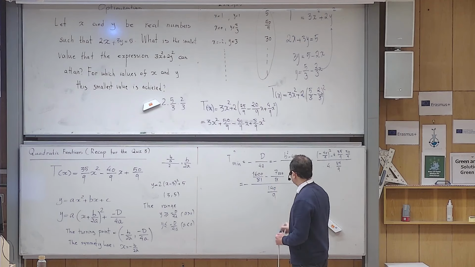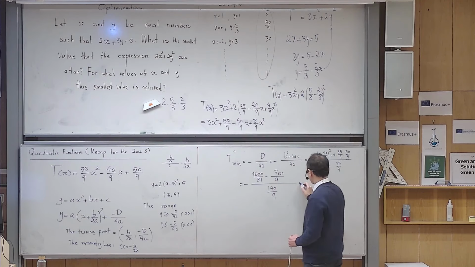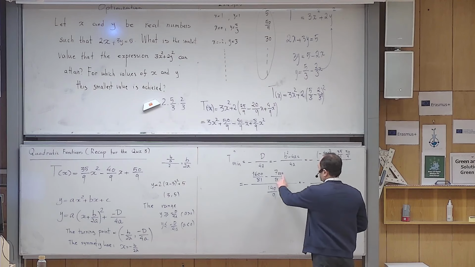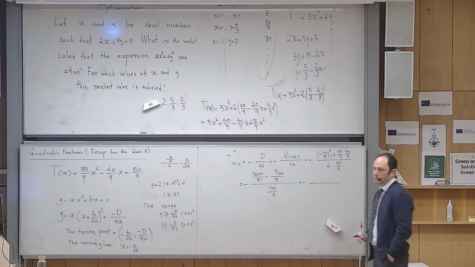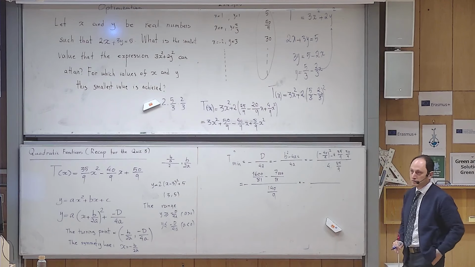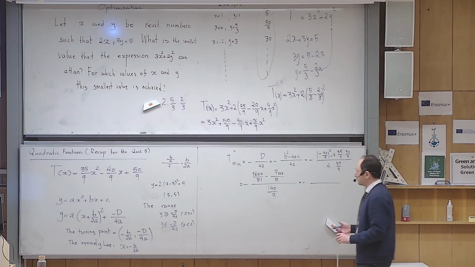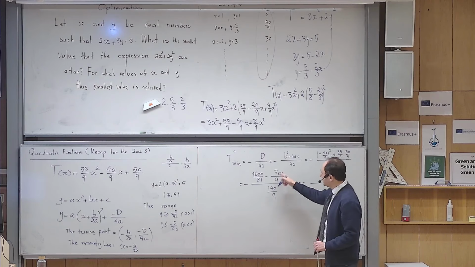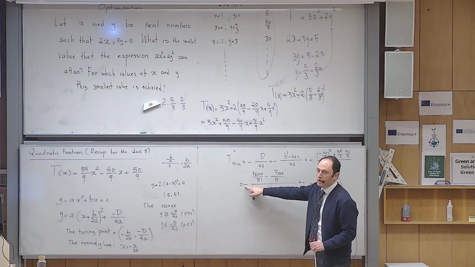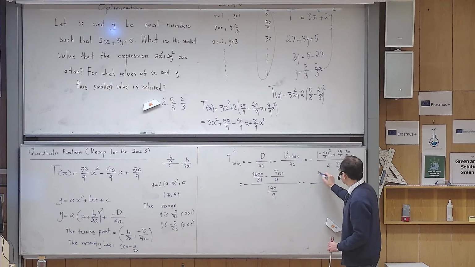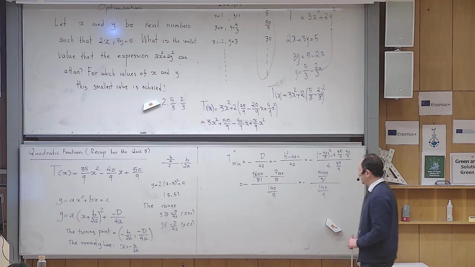Over 9. But the good news is that it becomes minus. I can subtract them. What is the answer? 1600 minus 7000. Minus 5400. There is also a minus sign, it becomes positive. 5400 divided by 81, times 9 over 140.